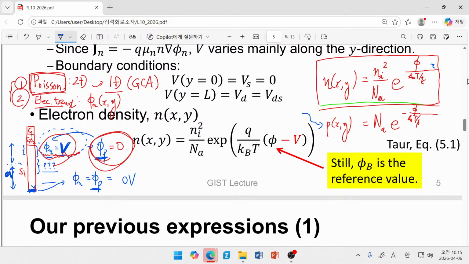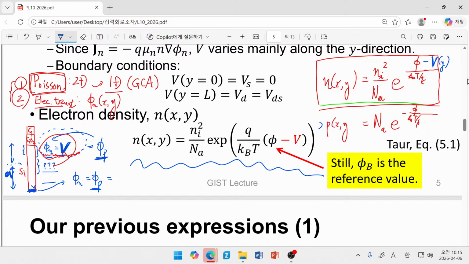Now electrons may have a different electron quasi-Fermi potential, so we now have to introduce this V of Y to modify the expression for our electron density. So now you are looking at the new expression for your electron density.